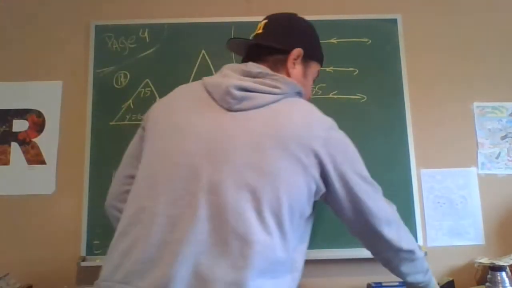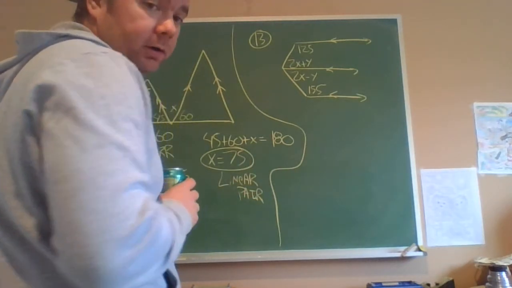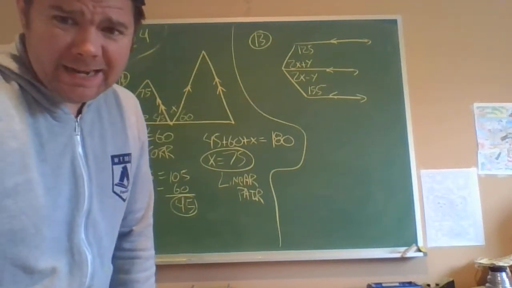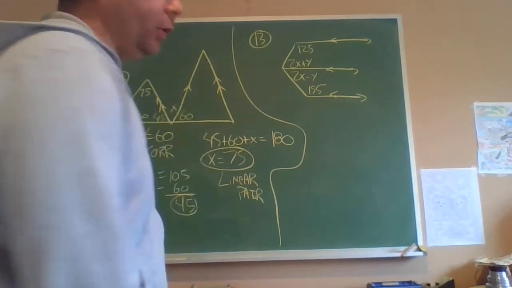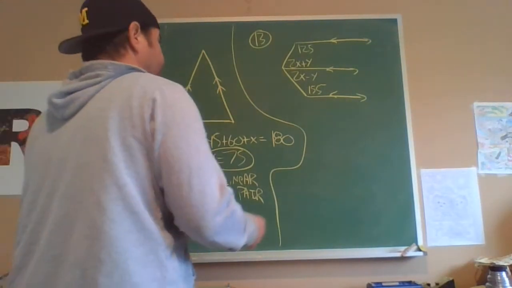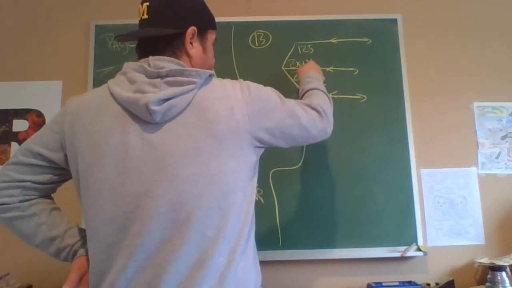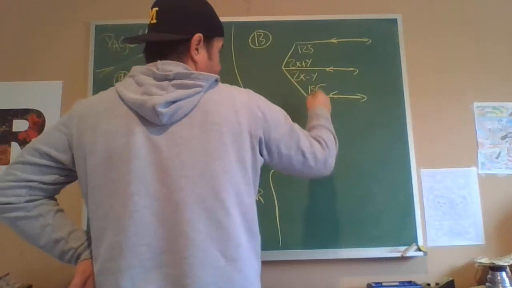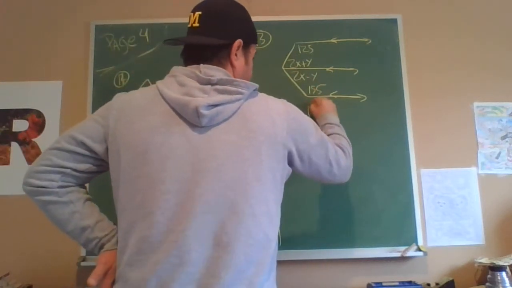Okay, so this is a good one because there are some concepts from geometry, of course, but there are also some concepts from algebra. Namely, solving a system of equations, setting up a system of equations, and then solving for the two values. So the geometry part of this is all of these lines are parallel, and so what that means is we've got two pairs of same side interior angles that are supplementary.